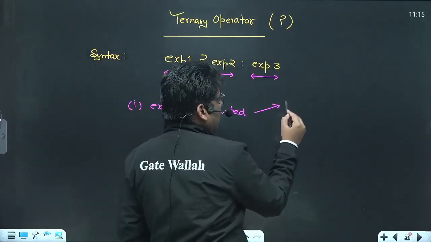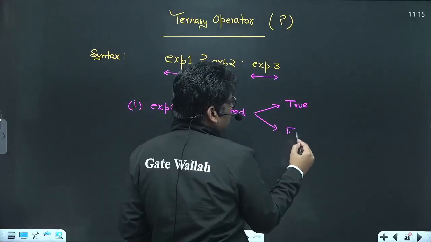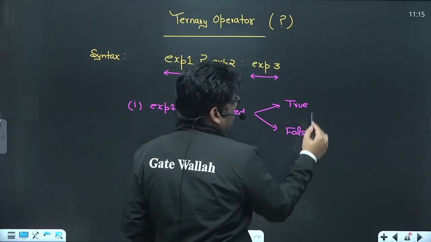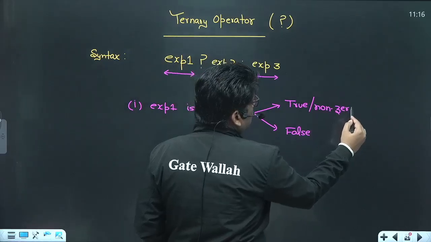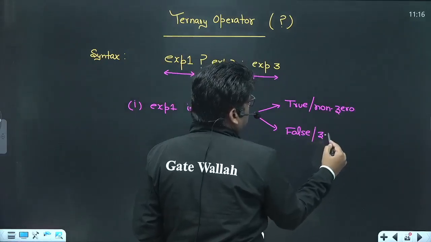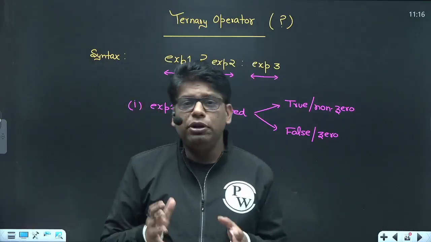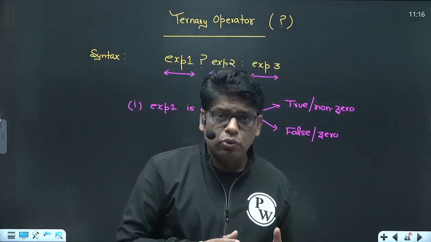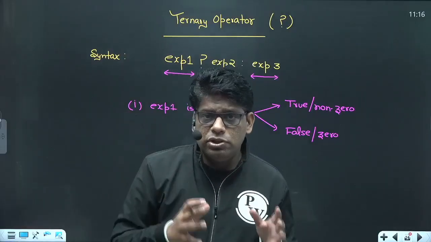Expression 1 can either be true or false. What is true? Non-zero. Or it could be 0. The value of an expression can be non-zero or it can be zero. Non-zero means true. 0 means false.